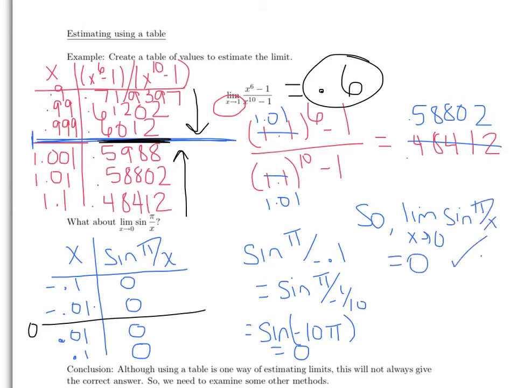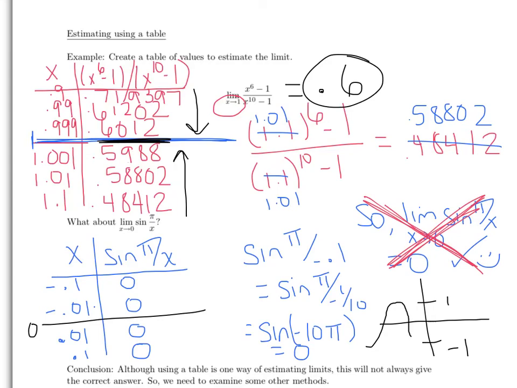Yay, I'm done. But it turns out that that is actually not the correct answer, and your table here is actually misleading. If you were to graph this function, and I'm going to have a hard time drawing it here, but this is 1 and this is -1. What happens is it's going along like it normally would, like a sine function, but right here next to 0 it gets crazy, and it goes like this, and then it goes back to normal.